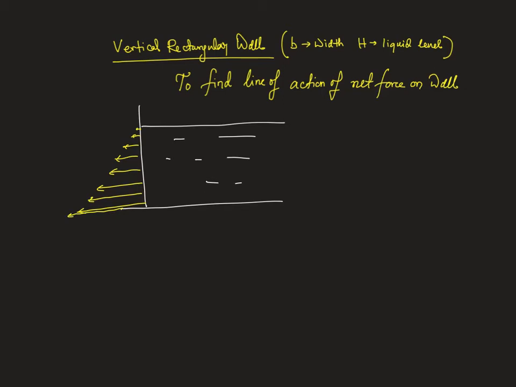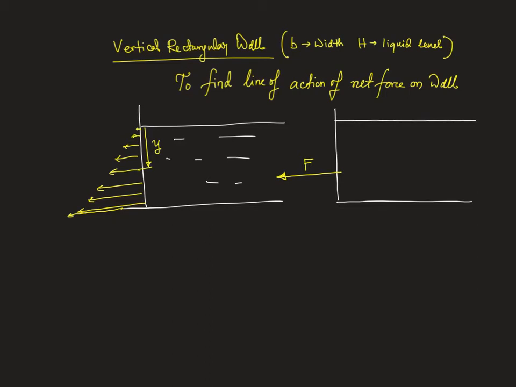So we have to find out the distance of the line of action of the force. By that we mean that instead of having this distributed force, we will replace it by one force, that is the net force F. These are all dFs.